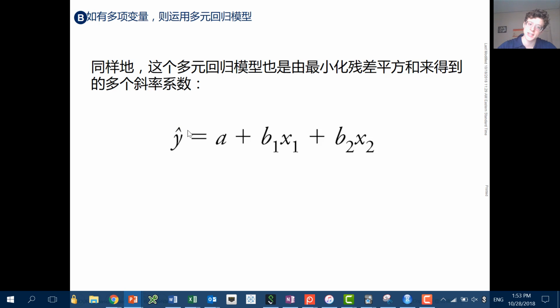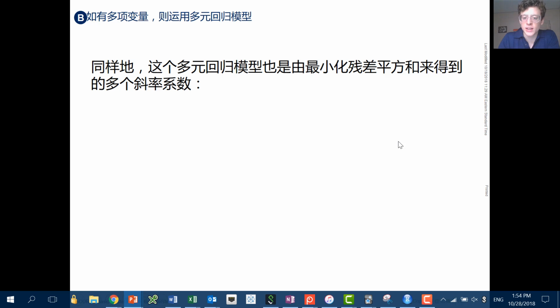Y hat is the predicted value, in this case income. A is the intercept. Beta 1 is the first coefficient of x1. In this case, x1 you could call education. Beta 2 is the next coefficient of x2. x2 might be prestige, for example. And then you could add in an error term like we saw before.